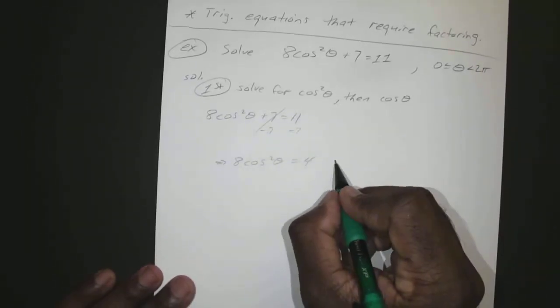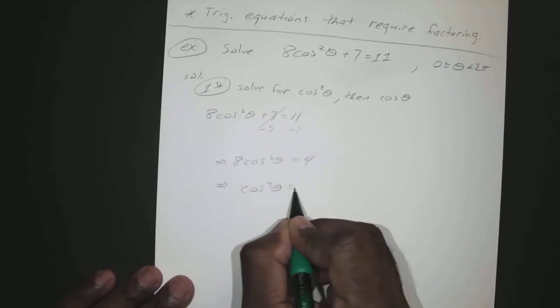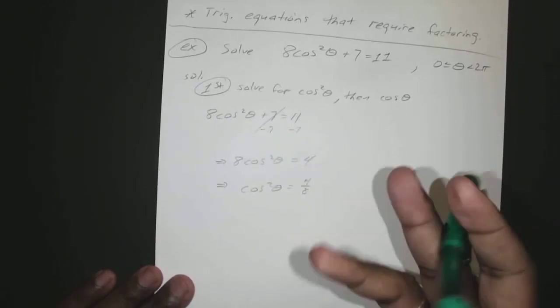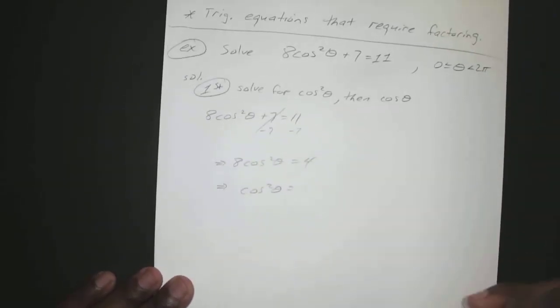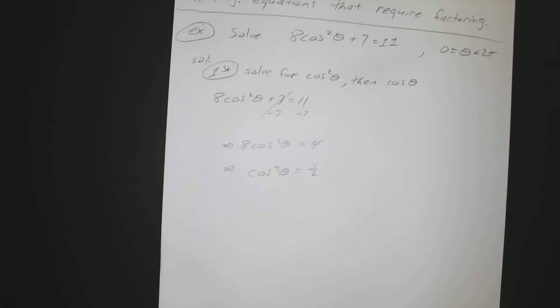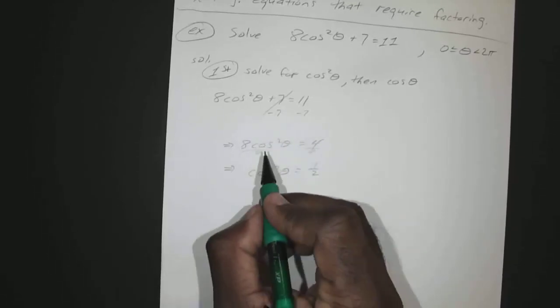Divide both sides by 8. Cosine squared theta equals 4 over 8, or you can say 1/2.